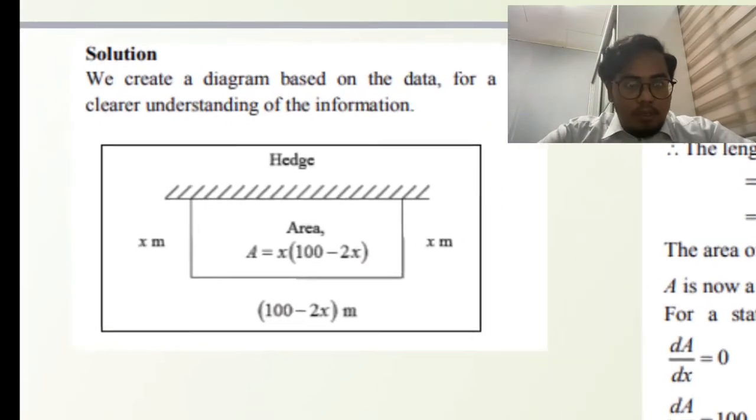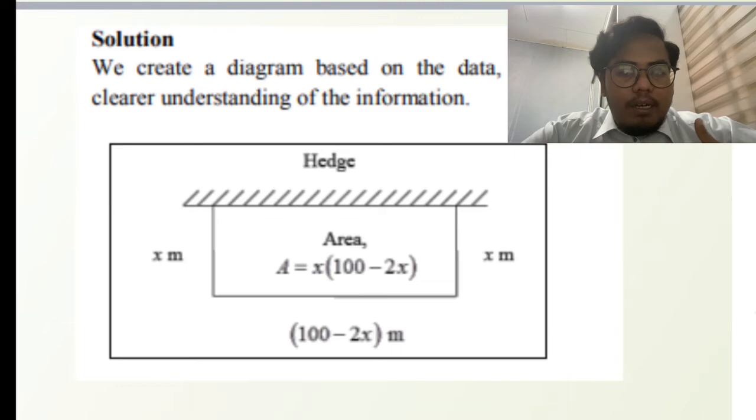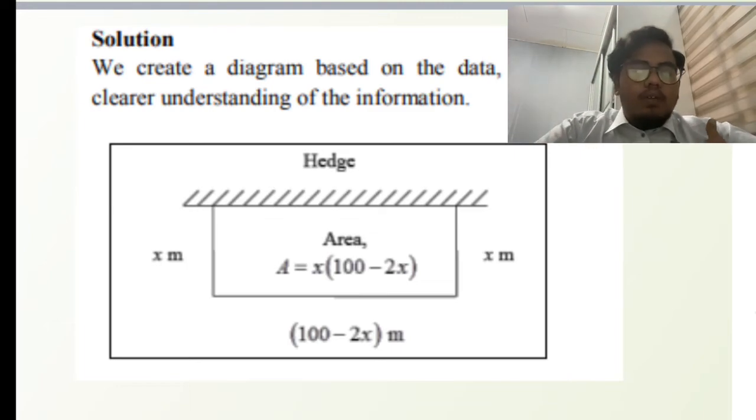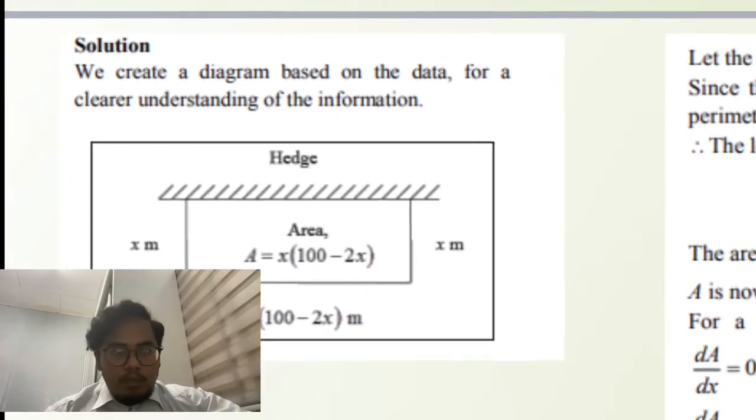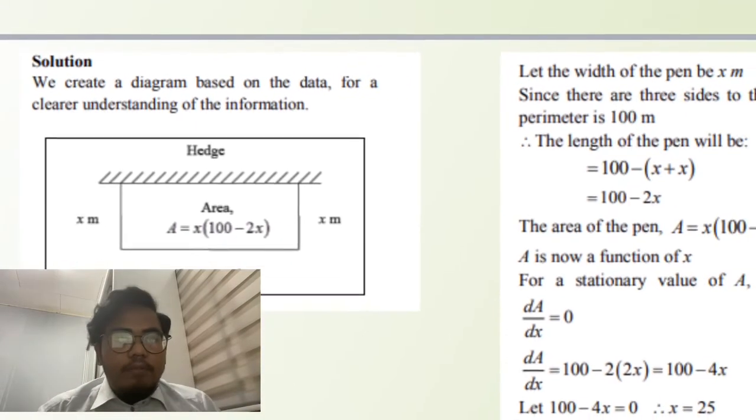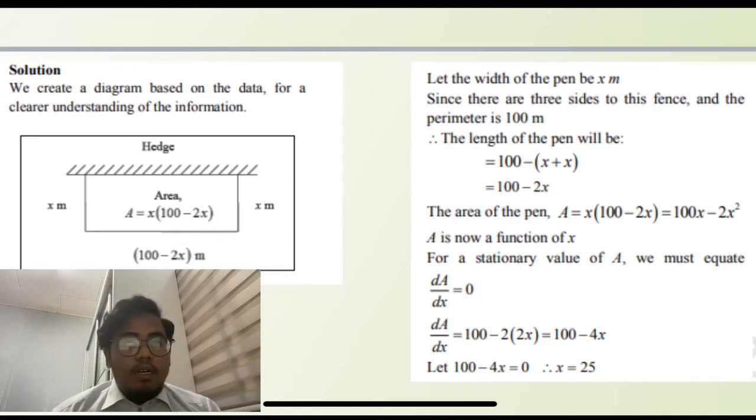First of all, we create the diagram so that we can understand better. We draw the diagram based on the information that was given. The first information given is that the perimeter is 100 meters.